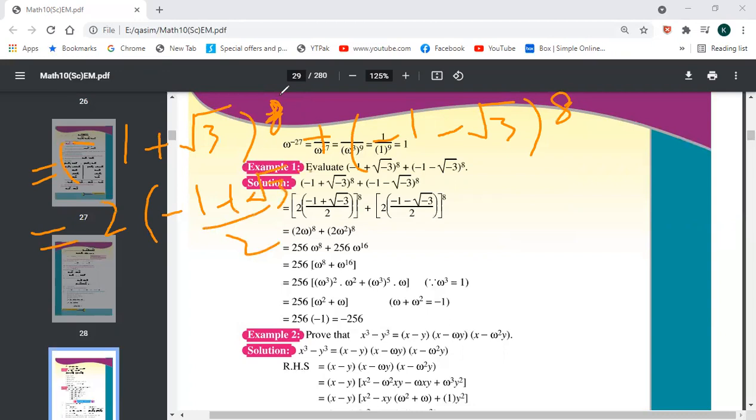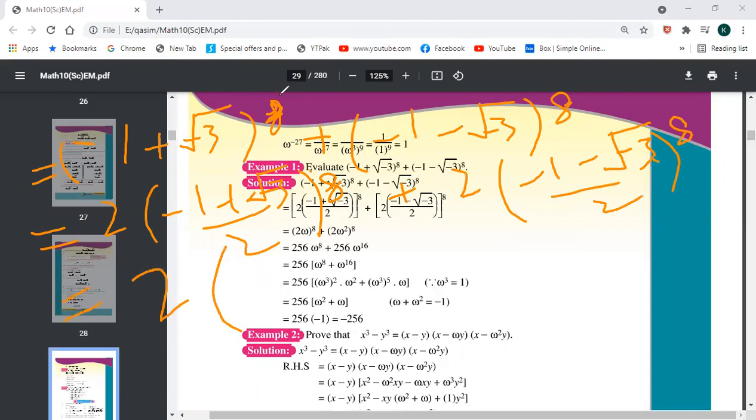So when we divide and multiply with 2, the equation becomes 2 to the power 8 times ((minus 1 plus under root minus 3) upon 2) power 8 plus 2 to the power 8 times ((minus 1 minus under root minus 3) upon 2) power 8. As we know, the plus one equals omega power 8, and the minus one equals omega square power 8.